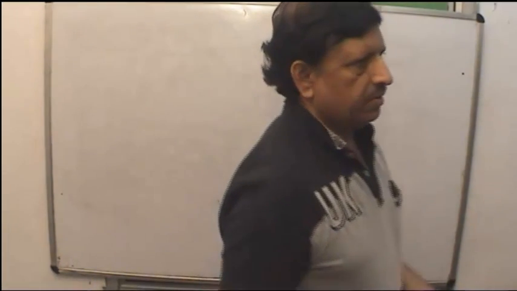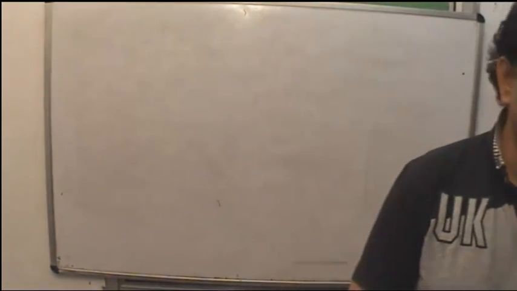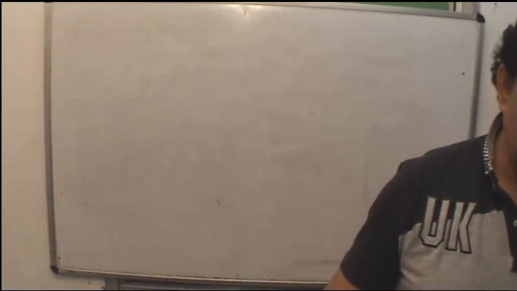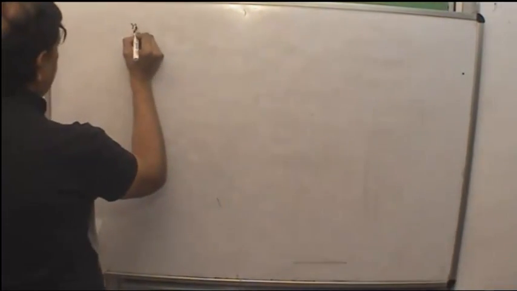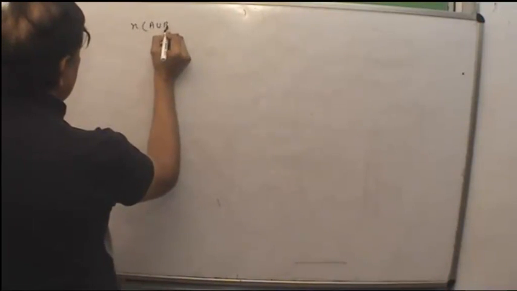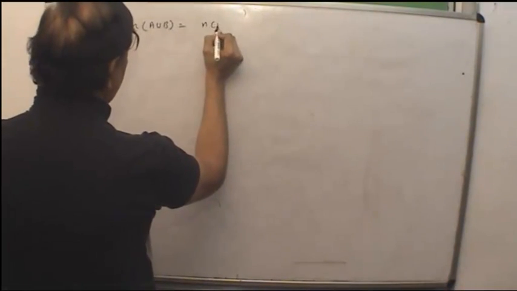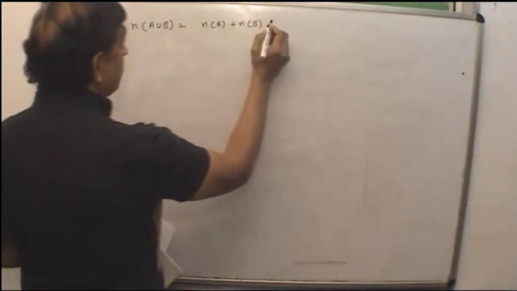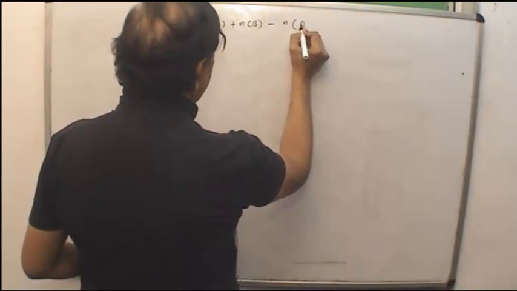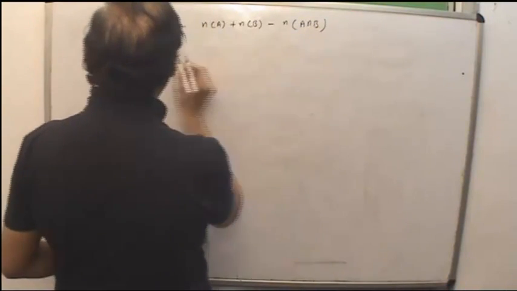Now we will discuss some applications of the set theory which we studied in practical problems. For that we see some results. N(A union B) is equal to N(A) plus N(B) minus N(A intersection B).